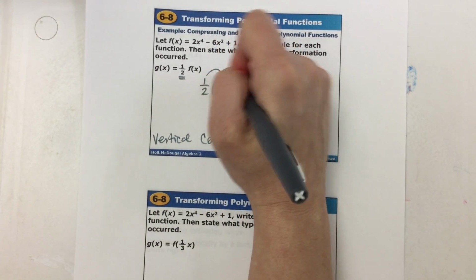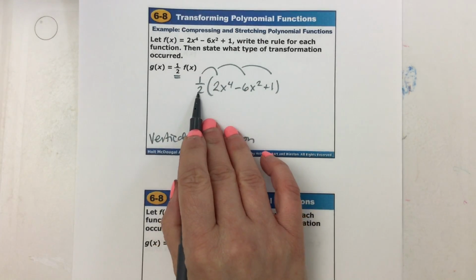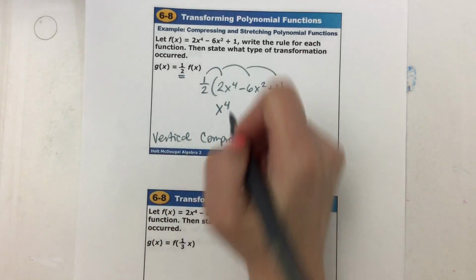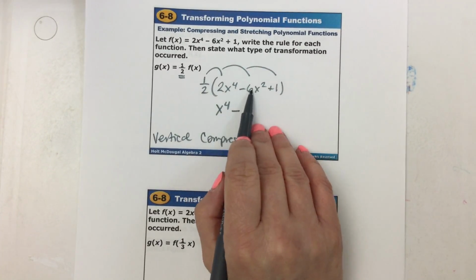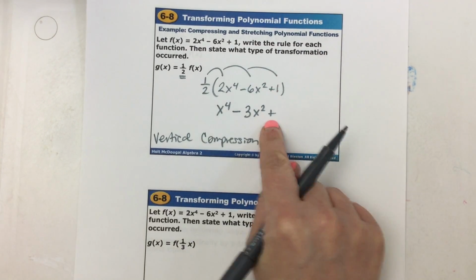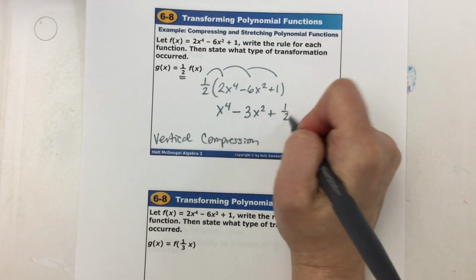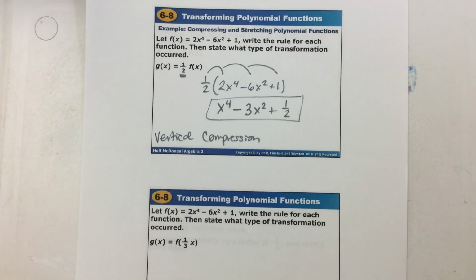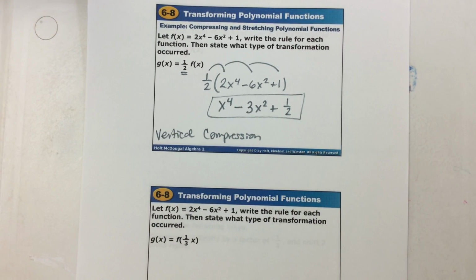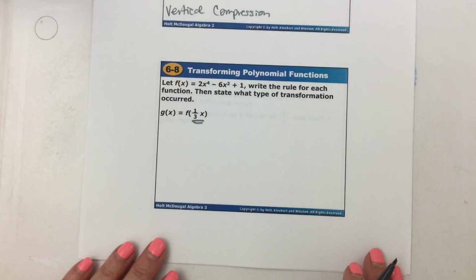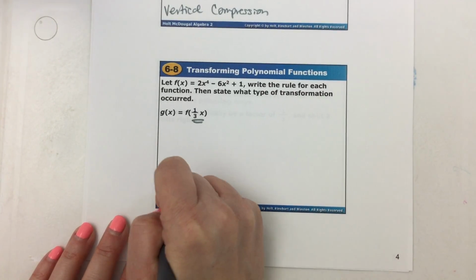I go ahead and I distribute. 1/2 of 2x to the power of 4 is 1x to the power of 4, minus 1/2 of 6x squared is 3x squared, plus 1/2 times 1 is 1/2. Here's your new rule. What we did is we took the shape up and down and we compressed it, so we made it shorter. When you have multiplication inside parentheses, it's horizontal.